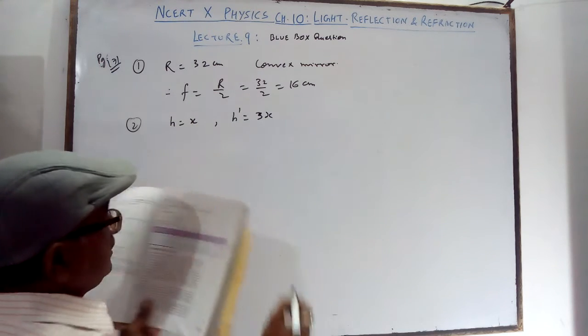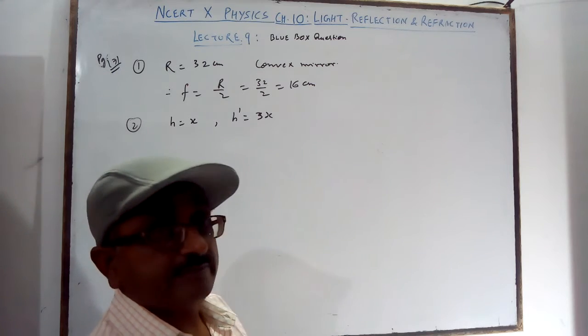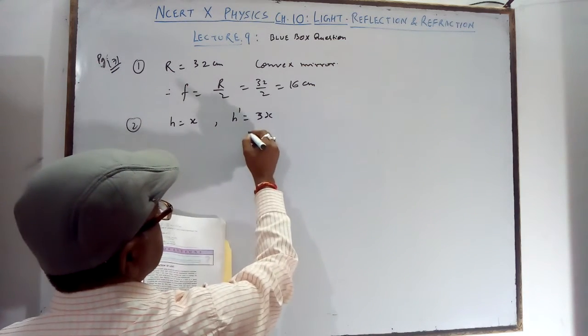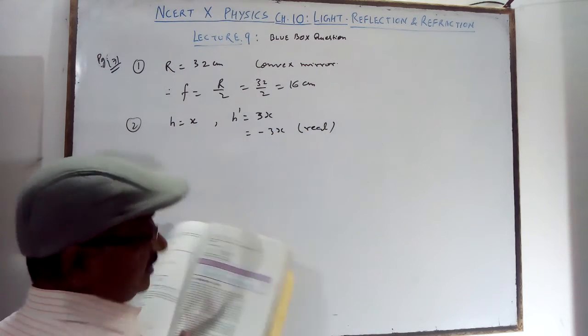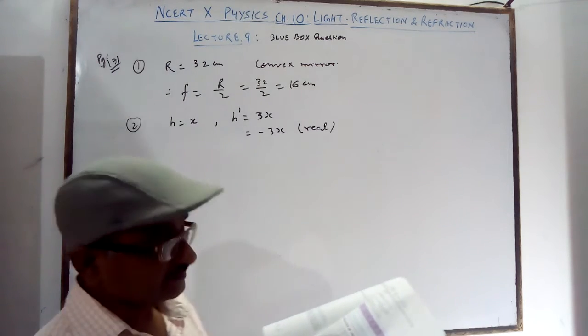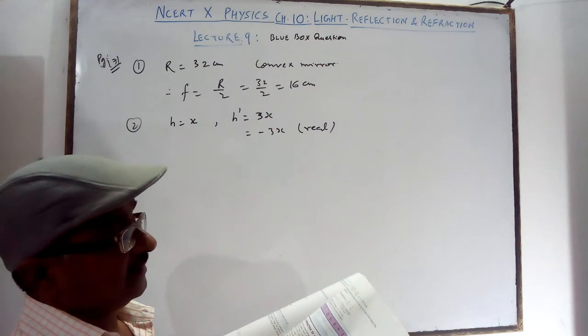Magnified, enlarged and real image. Real image is always inverted, because it is real, so minus 3x. Magnification is minus 3.